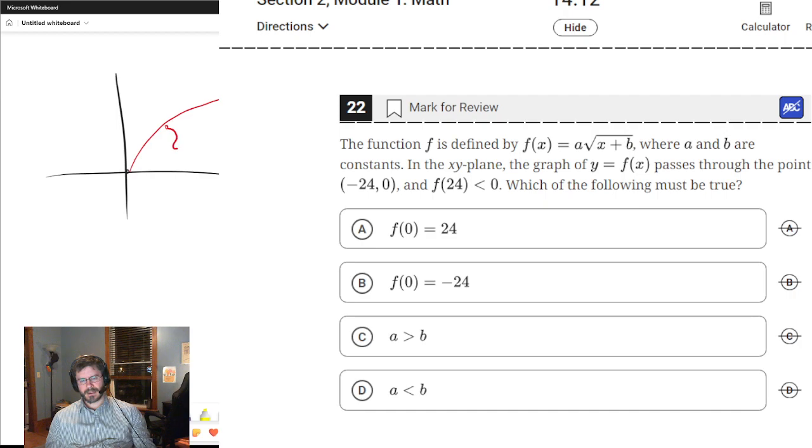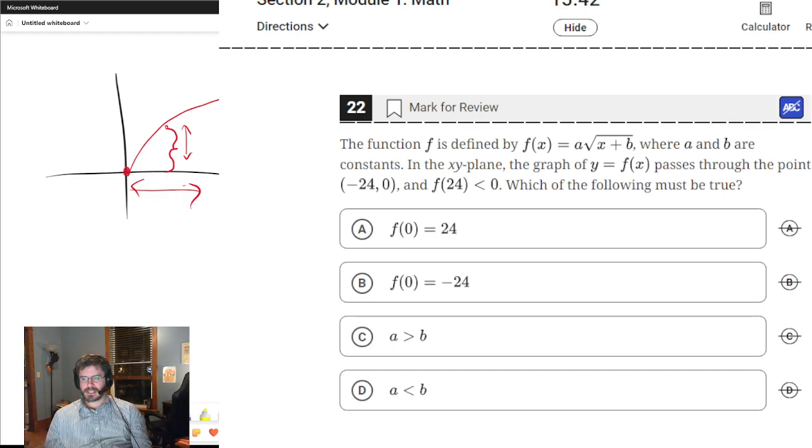It's going to determine the squishiness in that vertical direction. B is going to be like a left-right shift, because it's with the x underneath the square root. If it had a plus c on the outside, it would be a vertical shift, but we don't have that here.